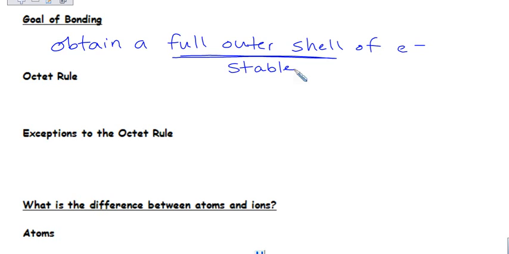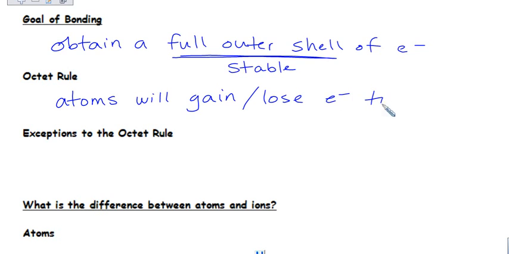Now, most of the time, that means that we want an outer shell of 8 electrons, 8 valence electrons. It's called the octet rule. And it kind of says that atoms will gain or lose electrons to obtain 8 valence electrons.